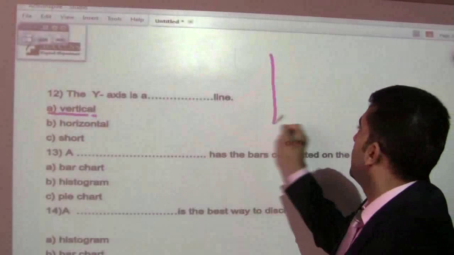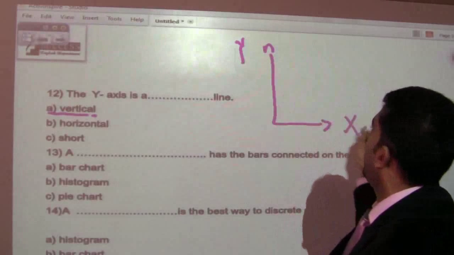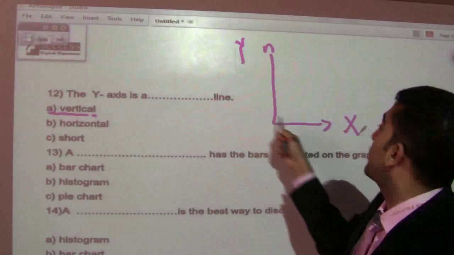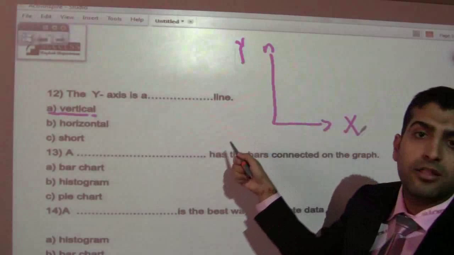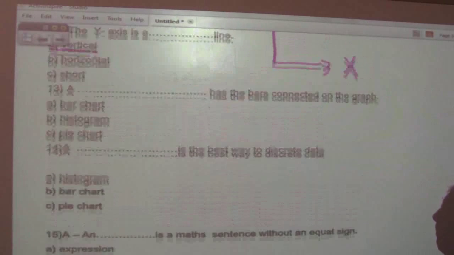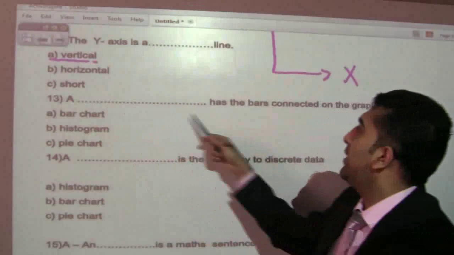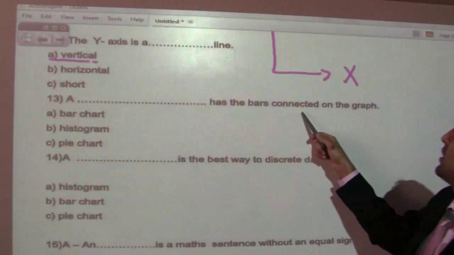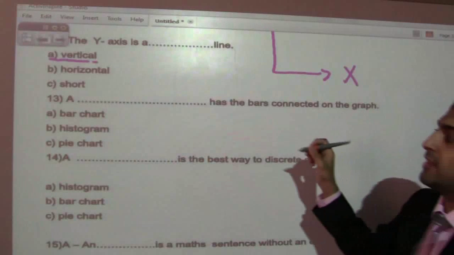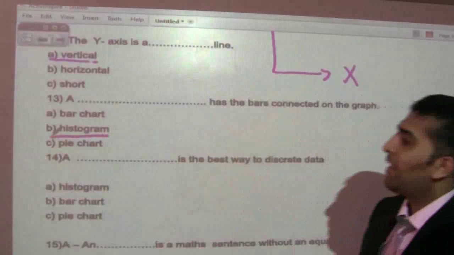As you see, the y-axis and this is x. Y is vertical and x is horizontal. Okay? Here, question number 13. A space has the parts connected on the graph. It's histogram. In Arabic, رسم بيان.